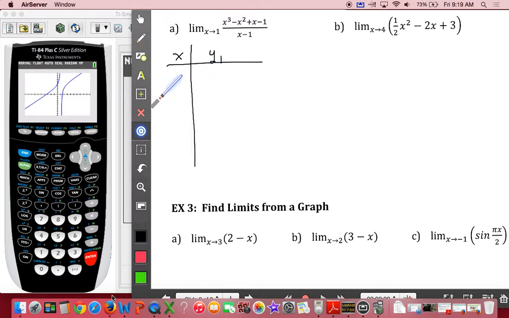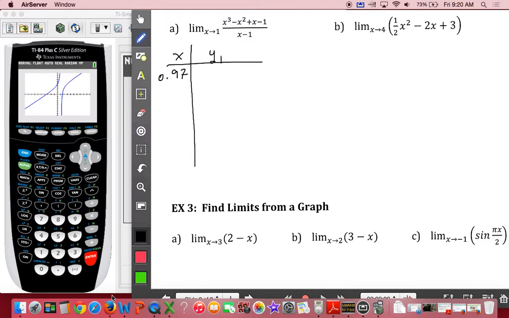You've got to go from smallest to largest. You can't just throw in numbers wherever you want to. I want them going from smallest to largest. And so what number is really close to 1, but to the left of it? Smaller. 0.9. So I want to go out to 2 decimal places. So let's use something like 0.97.